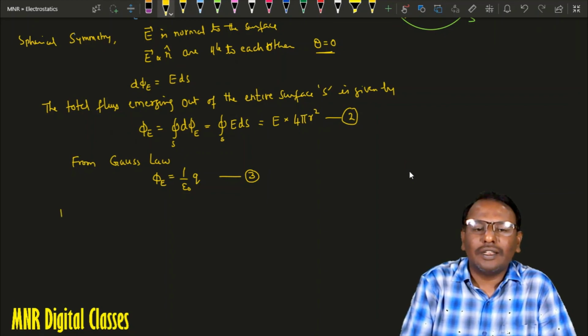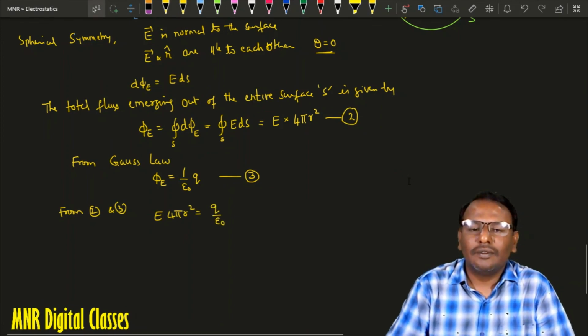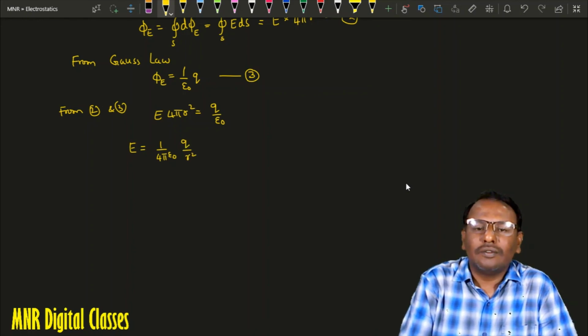From 2 and 3, we have E into 4 pi r square is equal to Q divided by epsilon naught, or E is equal to 1 by 4 pi epsilon naught into Q by r square. Call this as 4.